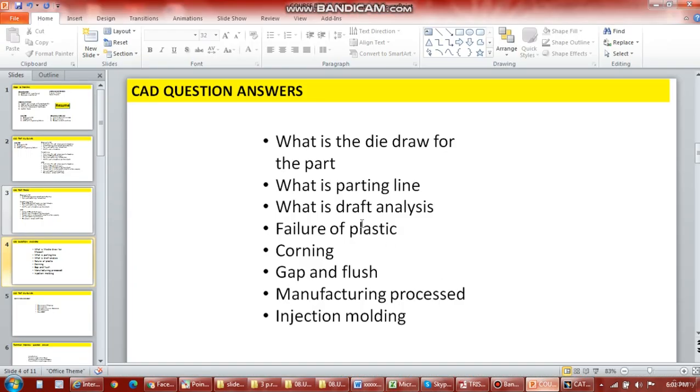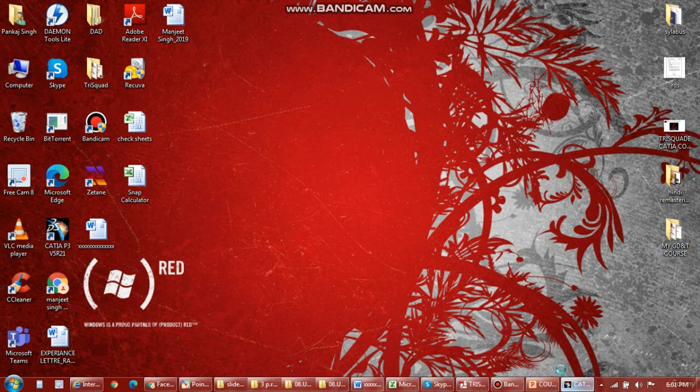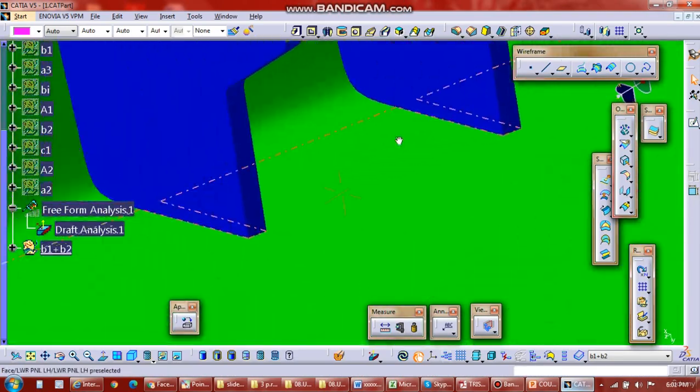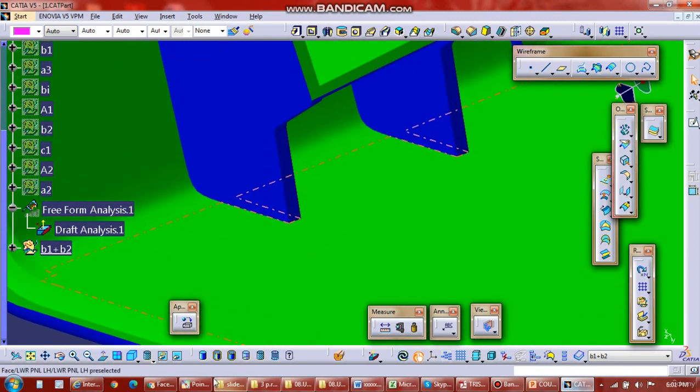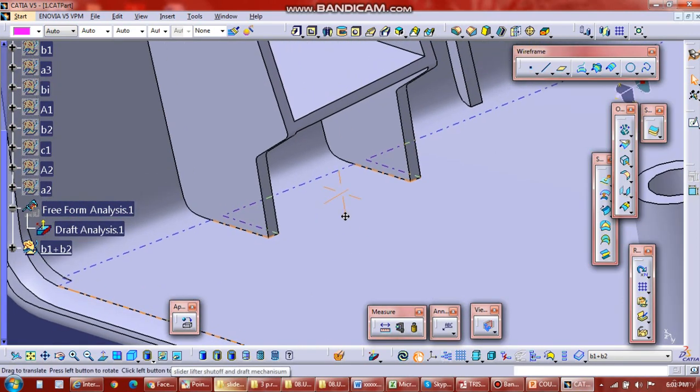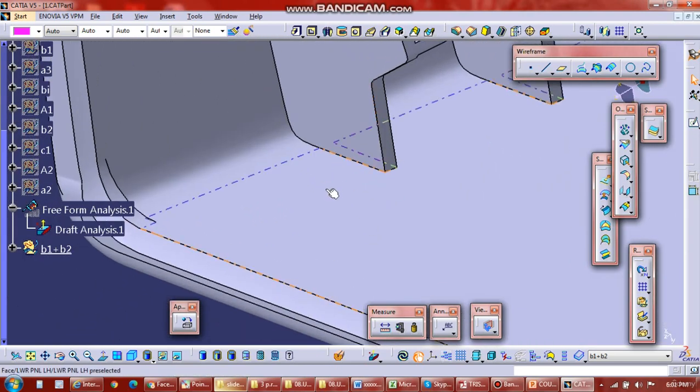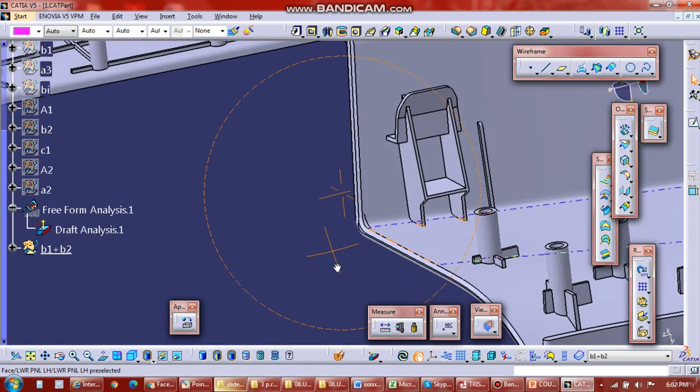coring. So what is coring? See, this is your part, and this is the root thickness coming over here on the base part. What is root thickness?